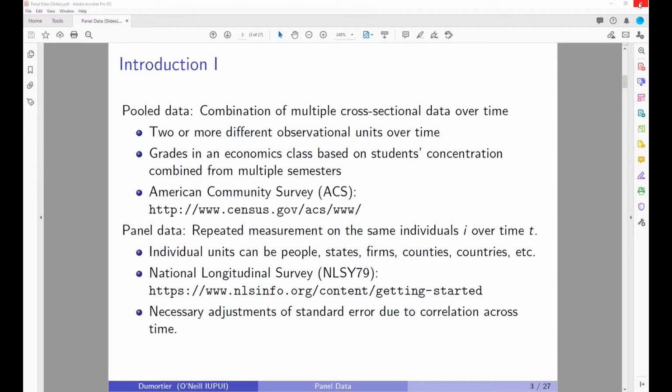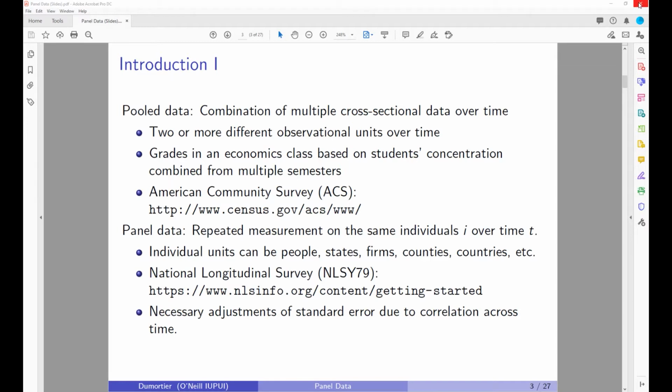If I compiled data about the grades of students based on their concentration, that would be pooled data, because I'm not observing the same student in one semester, and then that student changes in the next semester. A third example would be the American Community Survey, which is also asking the same questions in multiple time periods, but it is not the same individual answering the question.